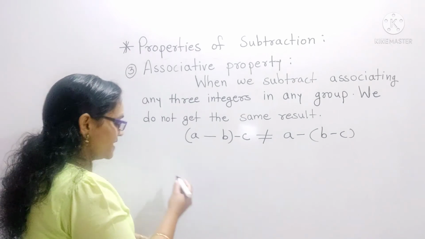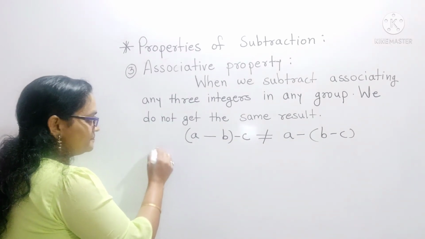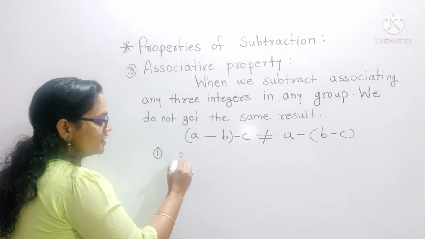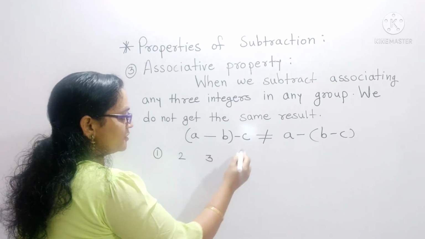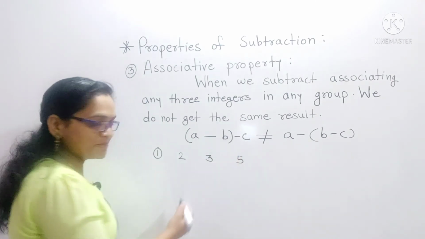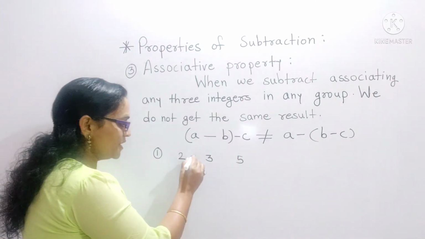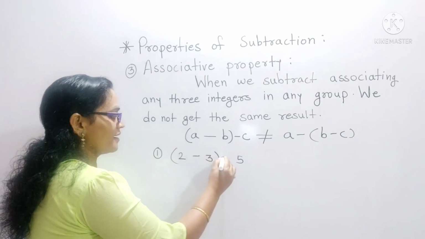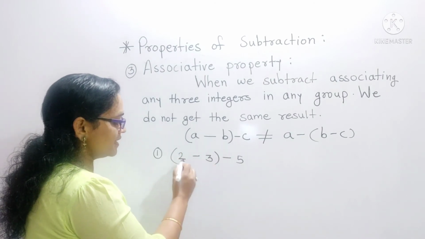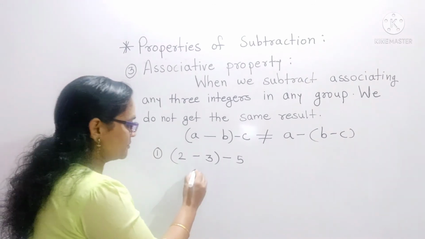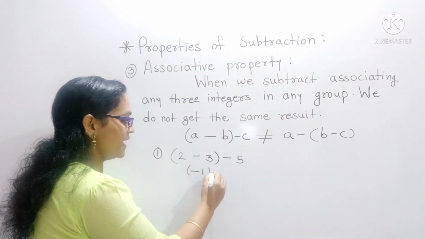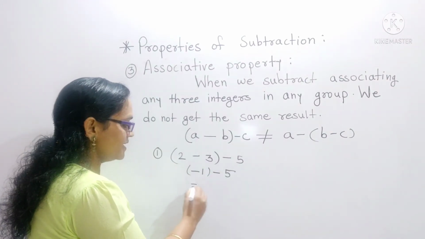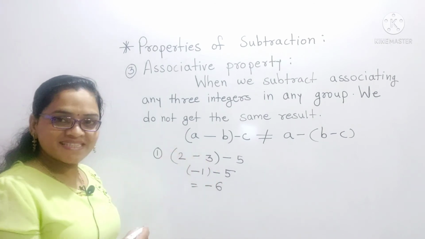Means what? See first example. Suppose a is equal to 2, b is equal to 3 and c is equal to 5. First we subtract 2 minus 3. Then what will be the answer? 2 minus 3 is equal to minus 1. Minus 1 minus 5 is equal to minus 6.